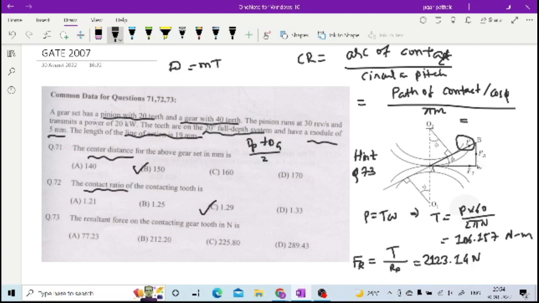Once you have Ft, then what you have to calculate is this particular F, right? You have calculated Ft, because torque is generated with this Ft only.